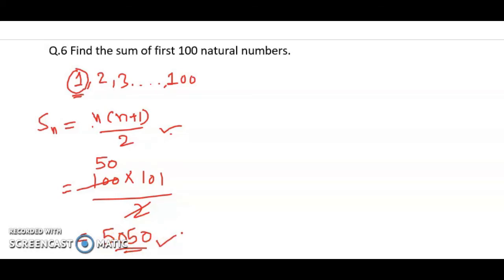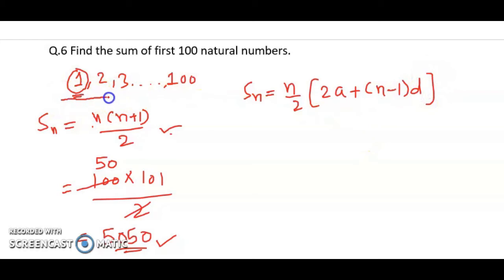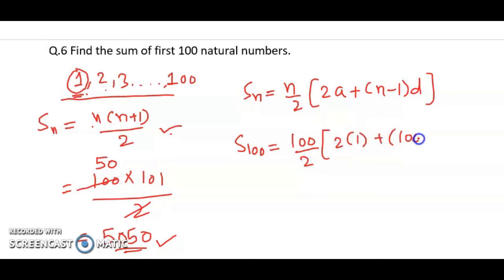And if you don't remember this formula, then we have the general formula for Sn. Sn equal to n by 2 into the bracket 2a plus n minus 1 into d. We can use this formula also. Here in this arithmetic progression, a is 1 and d is also 1. So if you put n as 100, n divided by 2, 2 into a is 1, then n is 100 minus 1 and the difference is also 1.